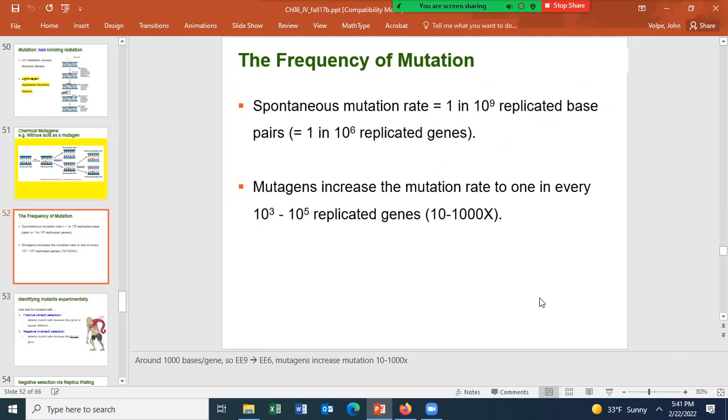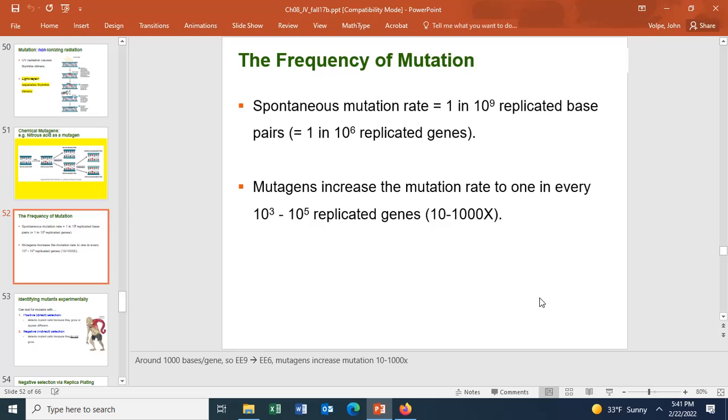All right, so let's talk about the frequency of mutation. The spontaneous mutation rate is that every 1 times 10 to the 9th replicated bases, the DNA polymerase will make a mistake and put in the wrong nucleotide. So the frequency of a spontaneous mutation for a nucleotide is 1 in 10 to the 9th bases.